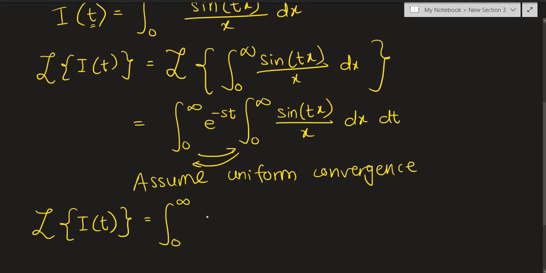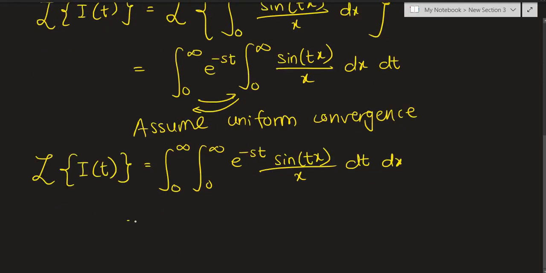We have the integral from 0 to infinity of e raised to negative st times sine of tx divided by x. But as I said, let's interchange them. So dt and dx now instead of dx and dt. So now notice inside we have integration with respect to t. Now all those terms that don't have a t are a constant with respect to t, right? So x is a constant, so it can be brought outside over here.